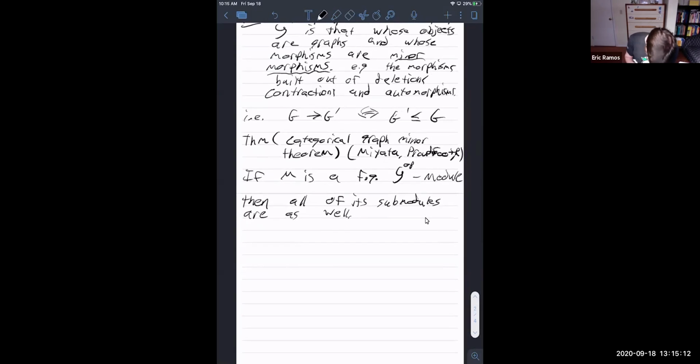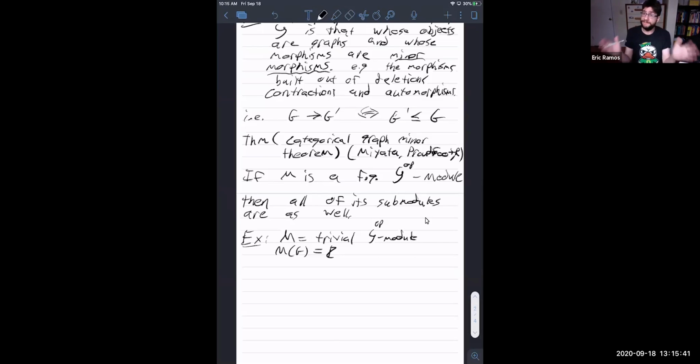Why is that? Let me very quickly give an example. Let's take M to be the trivial module, which is to say M of G is just Z for all graphs. If you take any set of graphs and you take the submodule generated by that set of graphs, it's going to have a finite set of generators, thereby a finite set of minimal things with respect to the graph minor order.